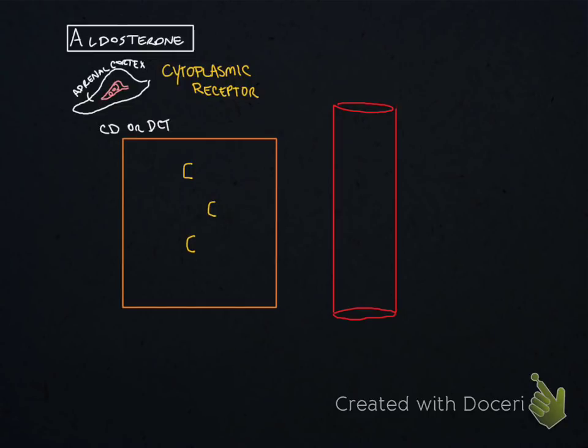And let's say aldosterone is dumped into the blood here. It diffuses in and binds to its receptor inside of the cell. Binding causes protein synthesis. This would be the lumen where filtrate is located.